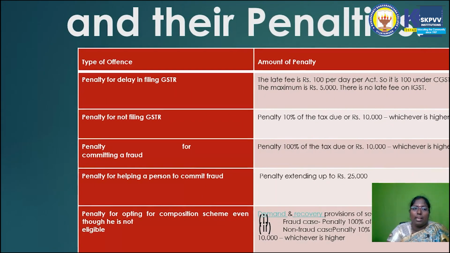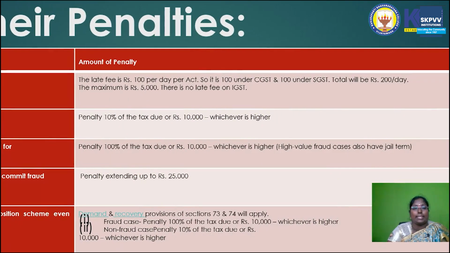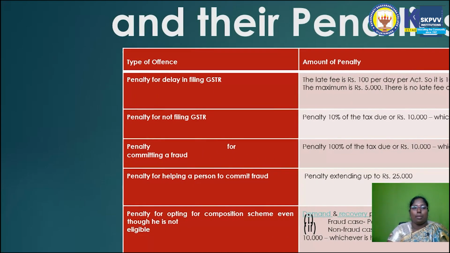Then penalty for committing a fraud. When you commit any cheating or fraud, it is seriously punishable. So the penalty is 100% of the tax due or a maximum amount of 10,000, whichever is the higher value. For example, this month I need to pay 15,000 rupees tax, but there is some fraud committed in the particular preparation.